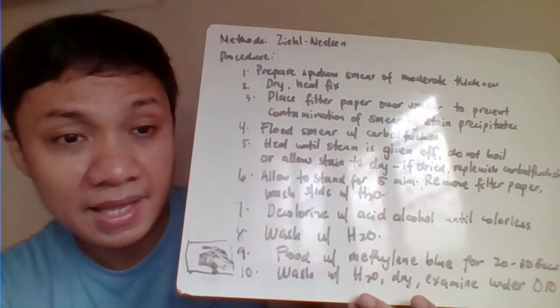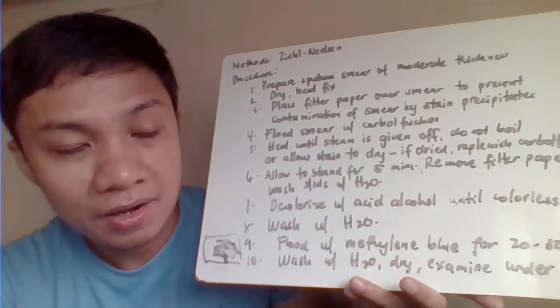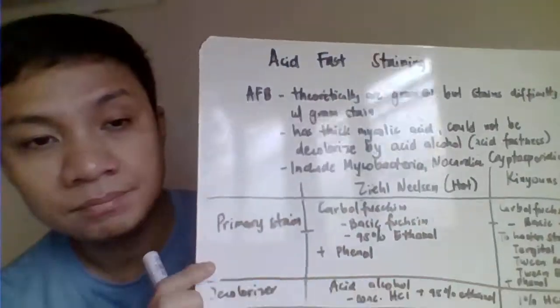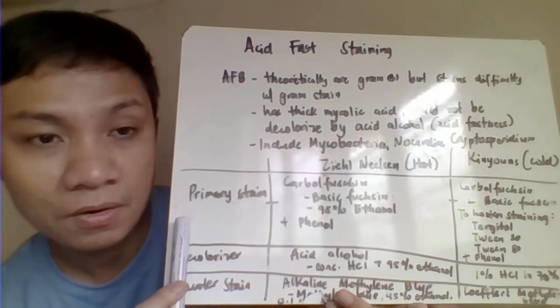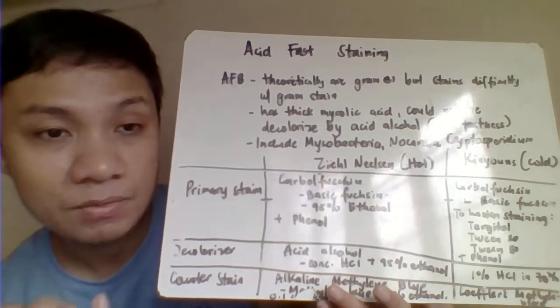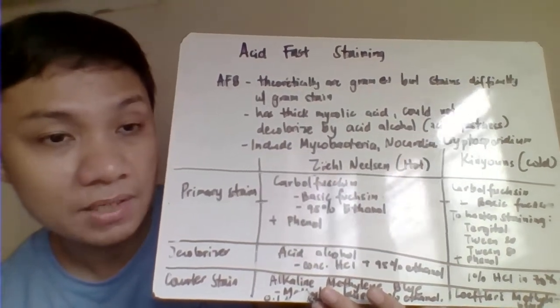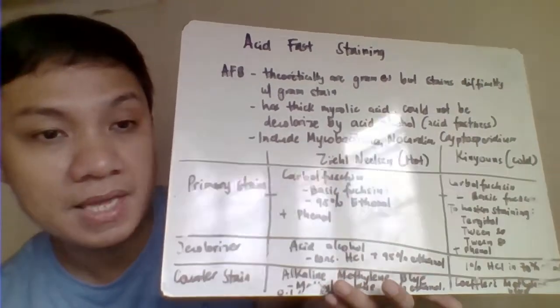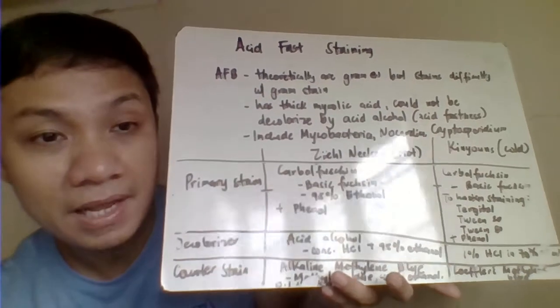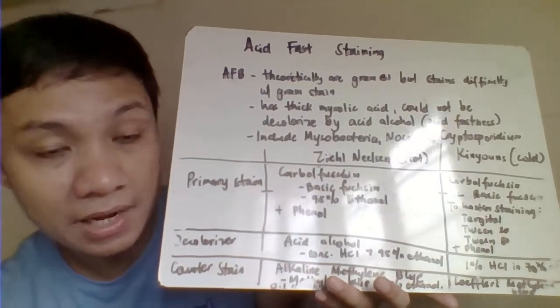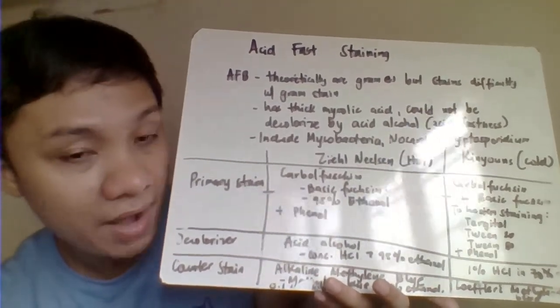Paano naging red ang ating acid-fast bacilli? Remember here, pag nag-add tayo ng primer stain, lahat ng cell or bacteria, regardless if it's acid-fast or non-acid-fast, it is going to take up your primer stain. Since your primer stain is red in color, magiging red ang ating bacterial cell, regardless if it's acid-fast or non-acid-fast.